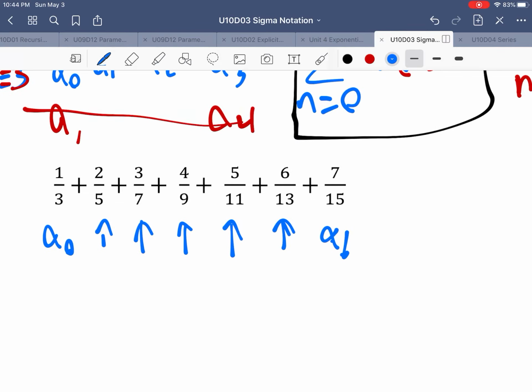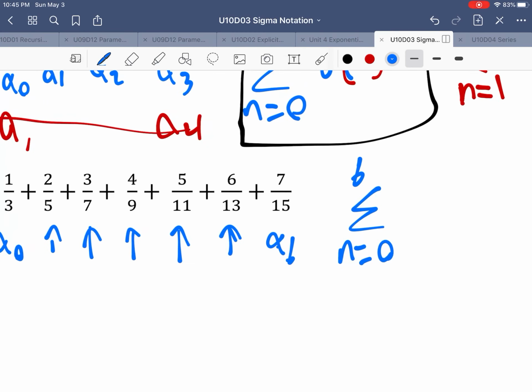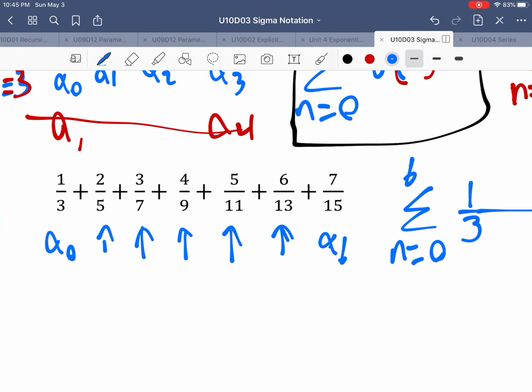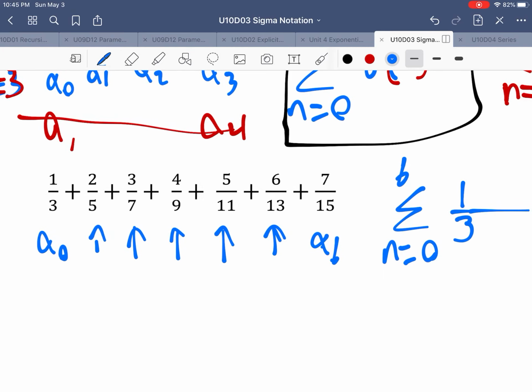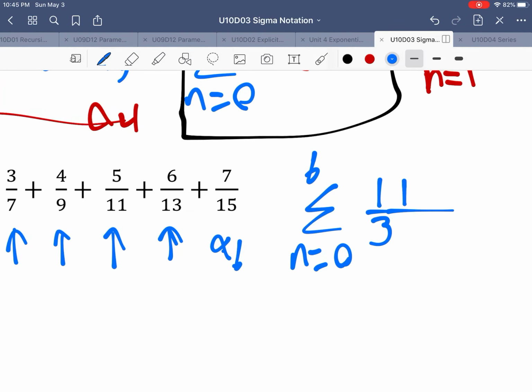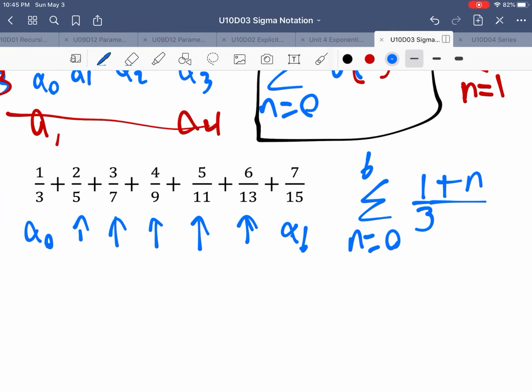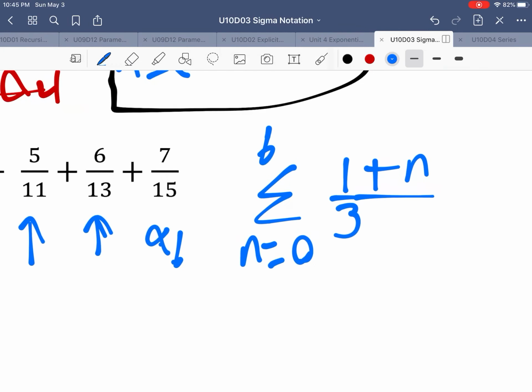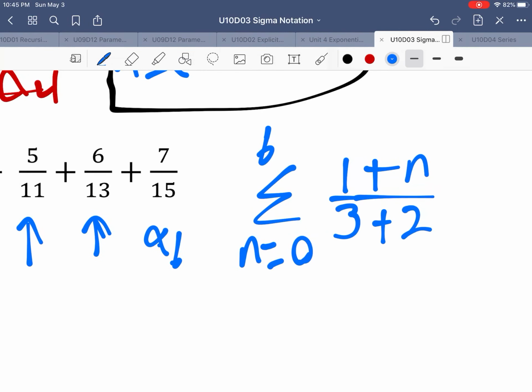So the rule here is going to be find the sum from term 0 to term 6, and the rule is start at 1 over 3, and for the numerator, add 1. So I'm going to add n, because as the index increases, I'm going to be adding 1. And for the denominator, it's counting by 2's, so I'm going to say add 2n. In other words, as the index increases, add 2.